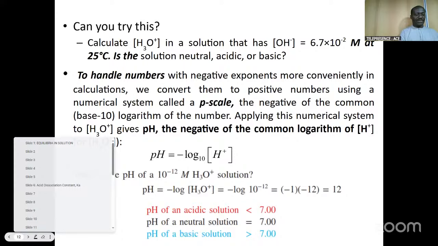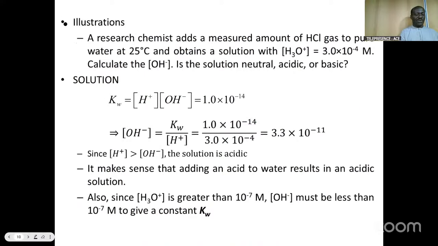Given that the hydrogen ion concentration is 3.0 to the power minus 4. We are asked to determine the hydroxide ion concentration of this solution.